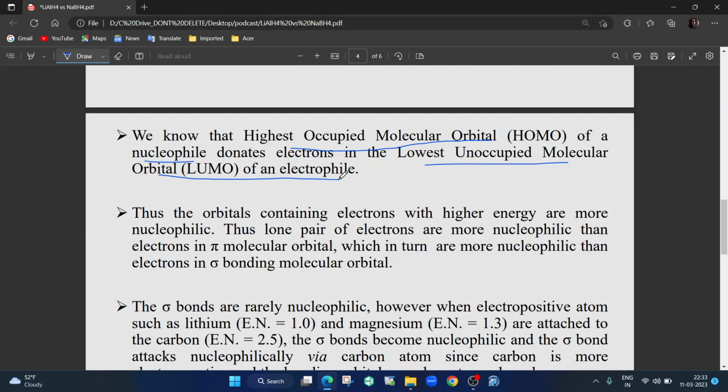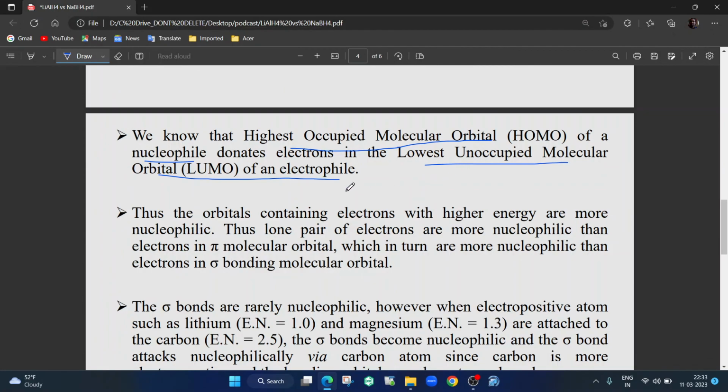It's like whoever is richer will be able to give more money, right? So whichever has higher energy will be able to give electrons as a nucleophile, and whichever is poorer has more chances of getting money, right? Similarly the antibonding molecular orbital which has the lowest energy is a better electrophile.